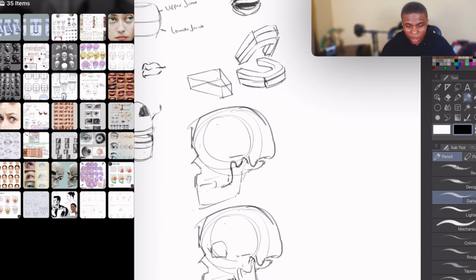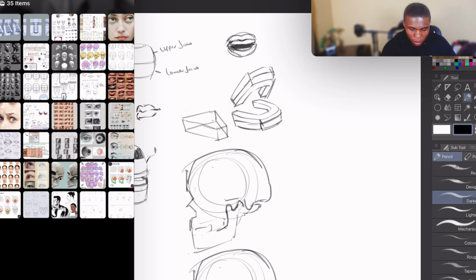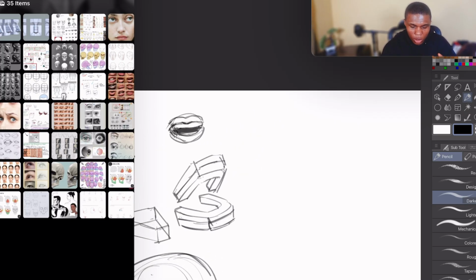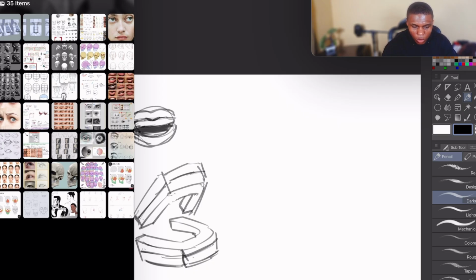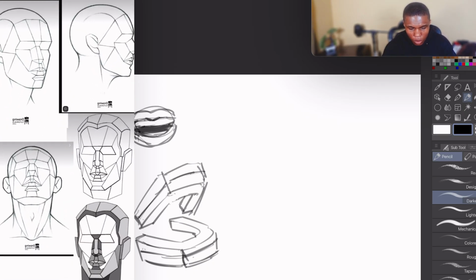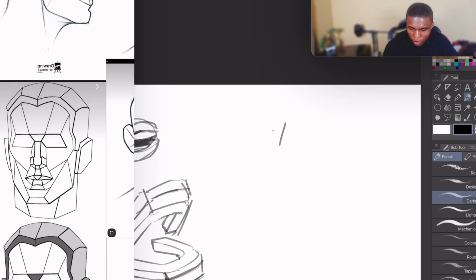When you're looking at the teeth as well, remember this horseshoe shape. So when you're looking at the mouth or the lips in general, the planes of the lips, if you look at the planes of the mouth, you can see we have the philtrum over there, and we also have this plane. 1, 2, 3. 1, 2, 3, 4, 5, 6.